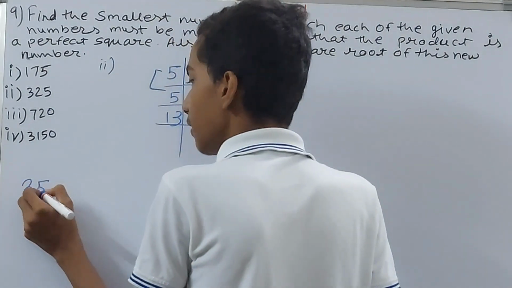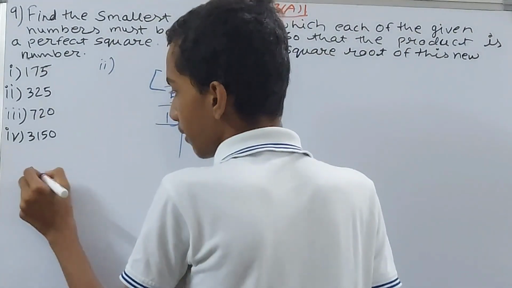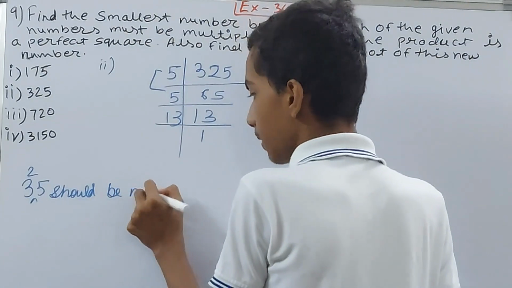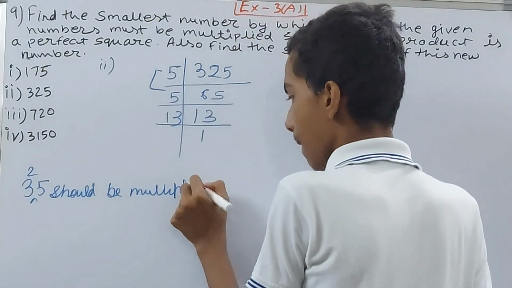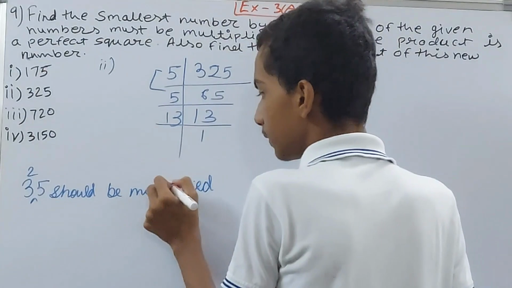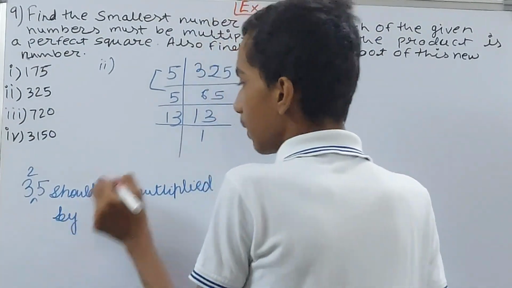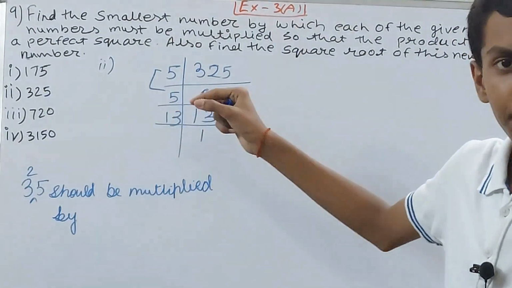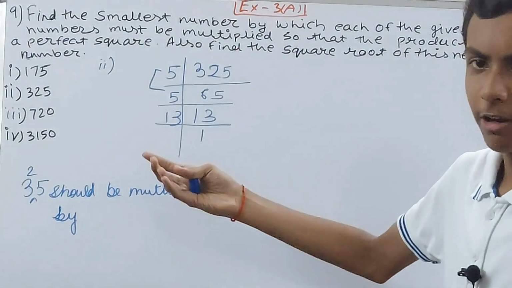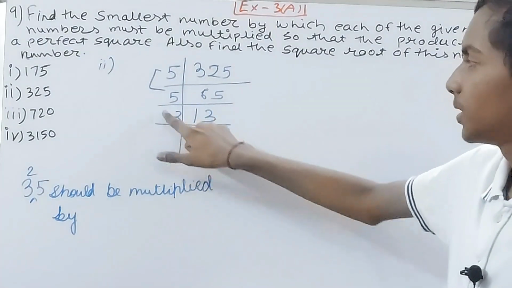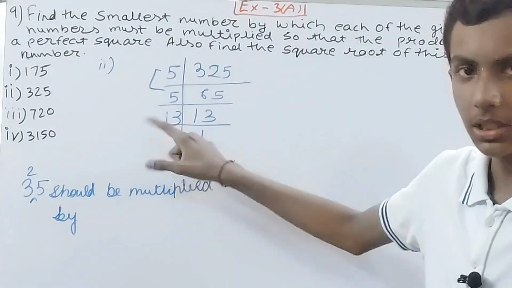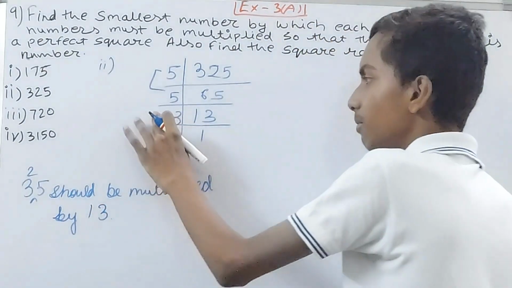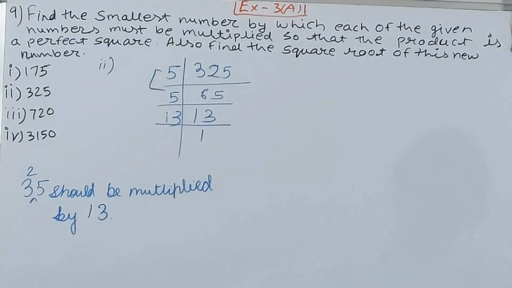So 325 should be multiplied by 13, because 13 is left out. We cannot make a pair of 13. When we multiply it, 2 times 13 will come and we can make its pair. Whatever number is left out, by that number it should be multiplied.